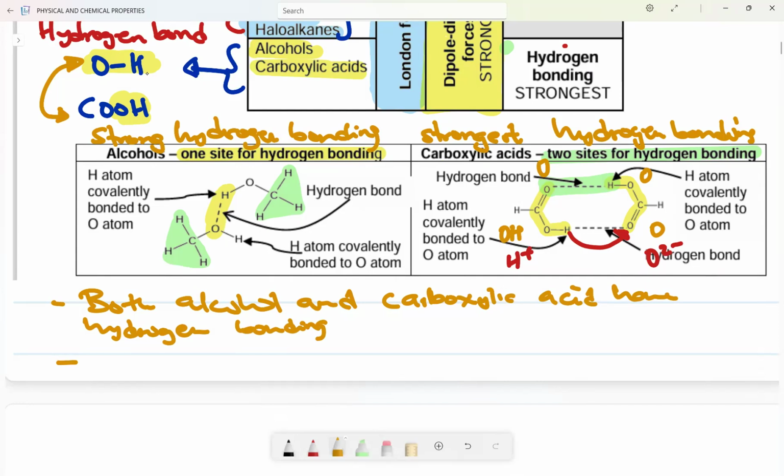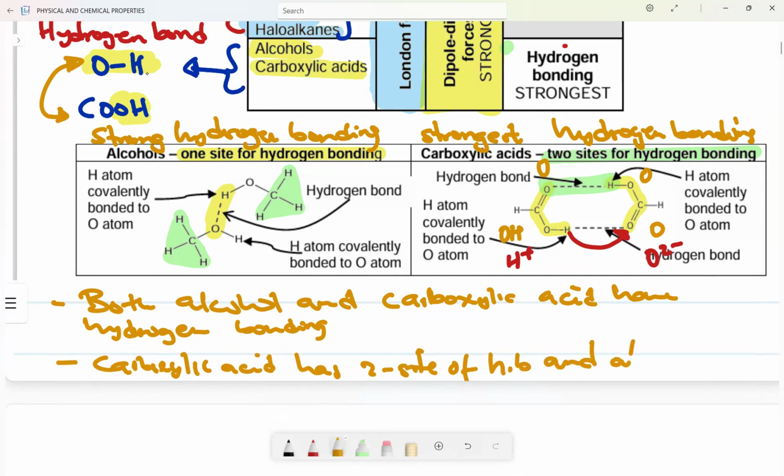But now carboxylic acid has two sides of hydrogen bonding, and alcohol has one side of hydrogen bonding.